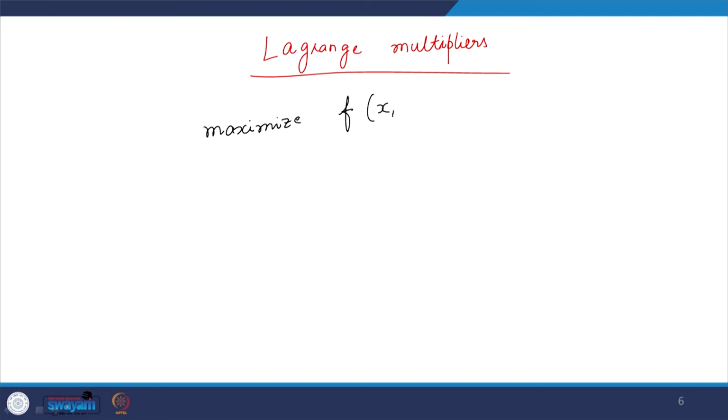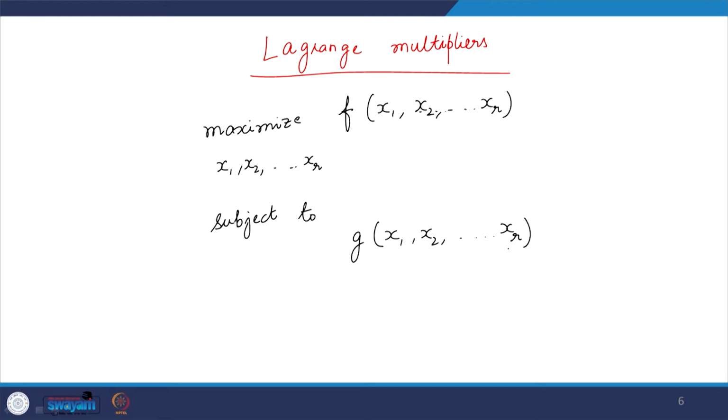A function that is a function of variables x1, x2 to some xr. So, I want to find the values x1, x2, xr that maximizes this function, but this is subject to certain constraints, and that is some function g of these variables that is equal to 0.